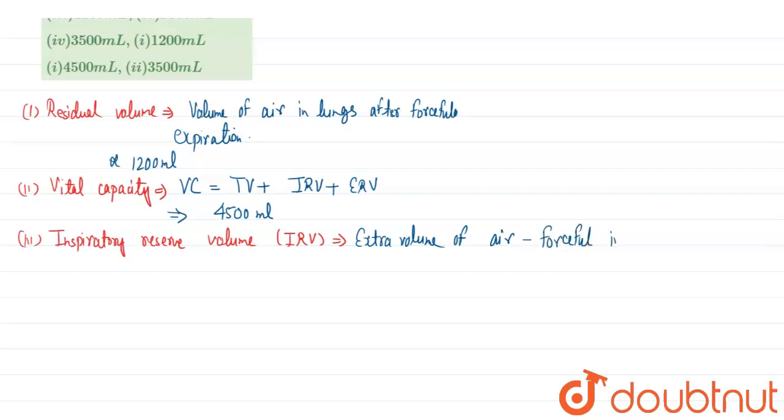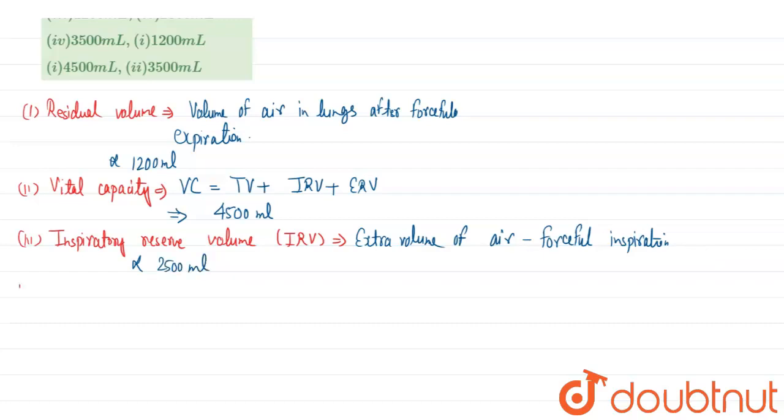That means we are doing the forceful inspiration. So it will be our inspiratory reserve volume, and its amount will be 2500 ml.